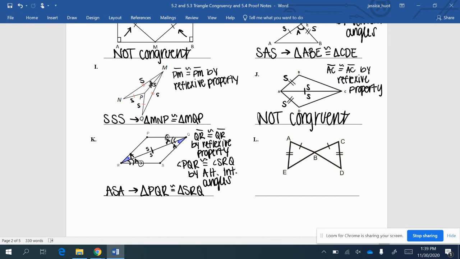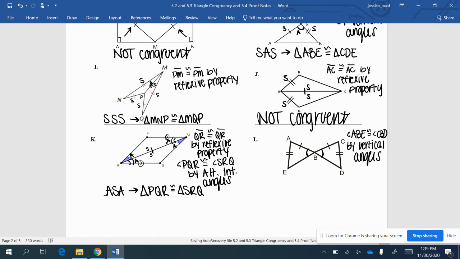And then last one. So for this one, we have vertical angles automatically. So this angle and this angle. So I'm just going to put it, let's do it right here. Angle ABE is congruent to angle CBD by vertical angles.